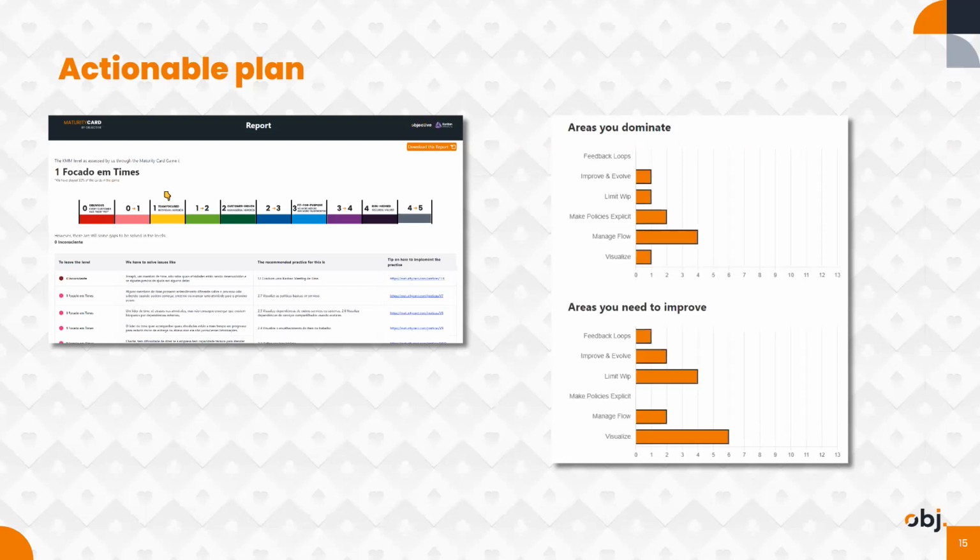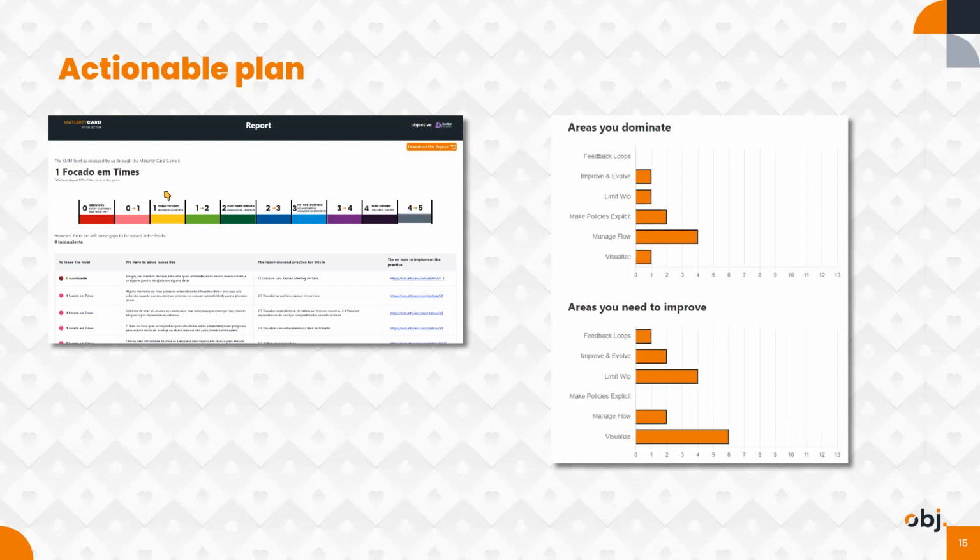it's not what level someone has assessed that you have. It's what level you have played and you have said, we have these problems that are focused on this level or on that level. And we do generate as well from the practice, if we have more problems from feedback loops or from managing flow or limit WIP, you see the concentration as well, where you have more problems or where you don't have any problems.